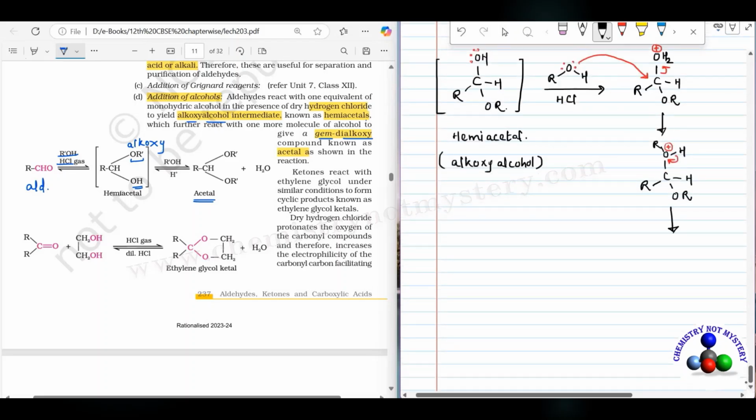So here you will get RCOR. Here there was H, and here there was OR. So now this is the gem dialkoxy compound, and this is called an acetal.